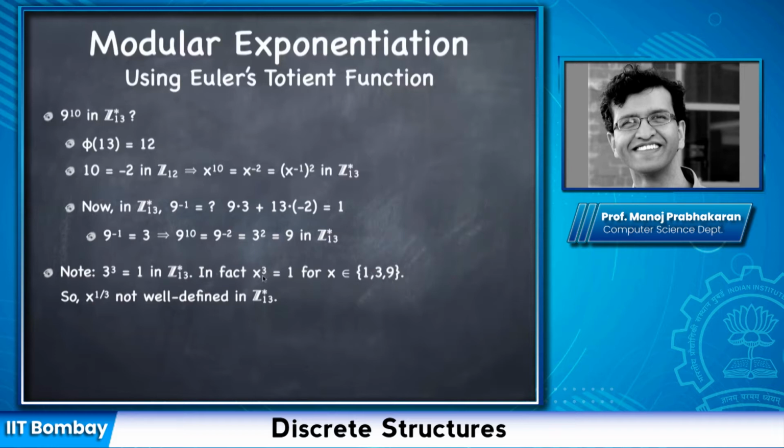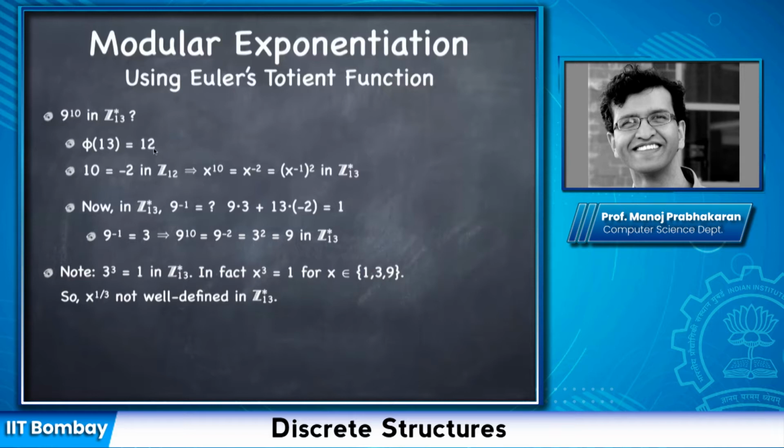So the cube root is not well defined in Z13 star. That's an observation here, and that shouldn't be surprising because 3 and 12 are not co-prime with each other.